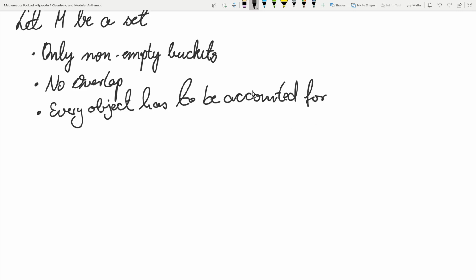What does it mean that something has non-empty buckets? What does it mean that there's no overlap between buckets? And well, what do we actually mean by a bucket in our case? Well, as we've seen before, we had the whole year segmented into sets.